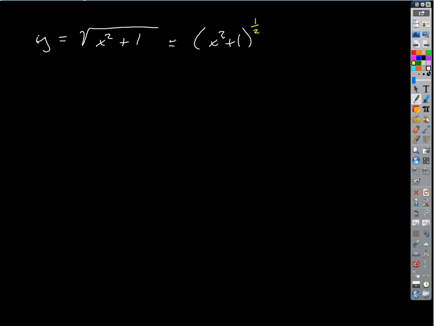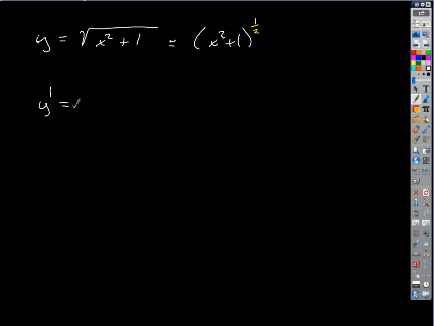If I want to find y prime, I'm going to have to differentiate this layer by layer. There are 2 layers, so I must need 2 links in my derivative chain. I have the product of 2 derivatives, or 2 rates of change. If we just blur our calculus vision, what's the outermost layer? It's the 1/2 power, and we don't care what's inside yet.